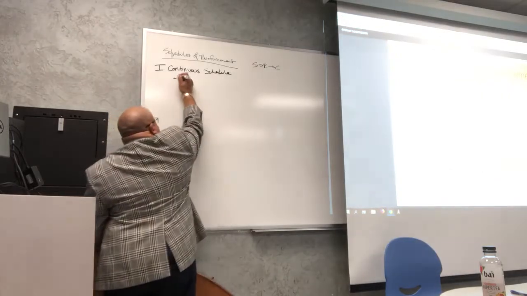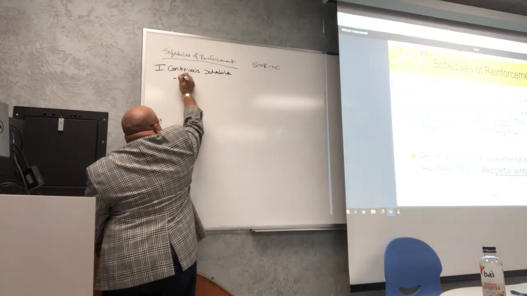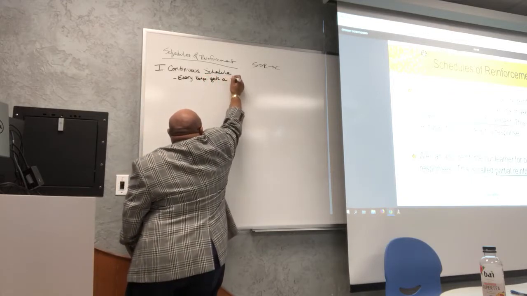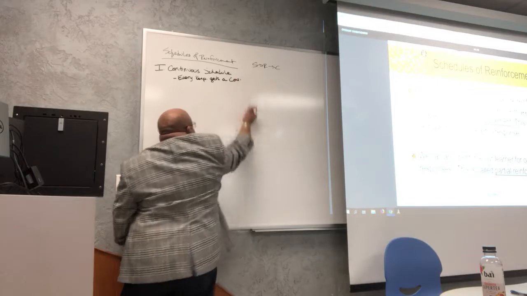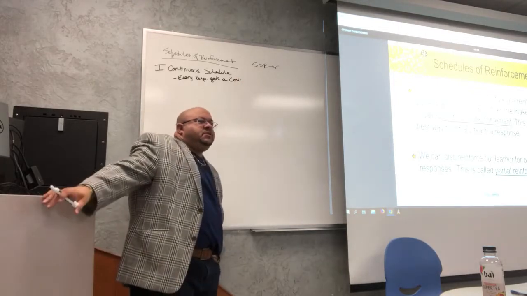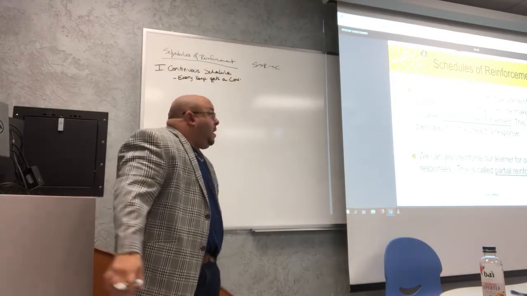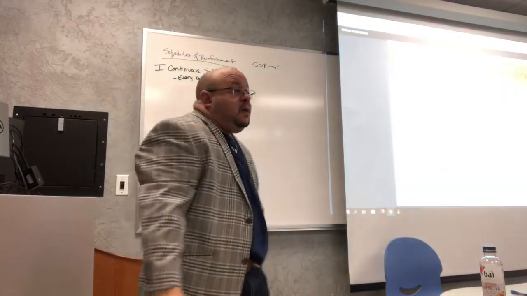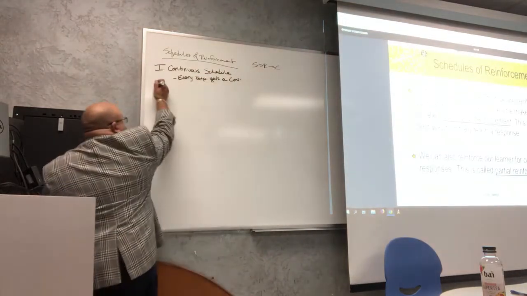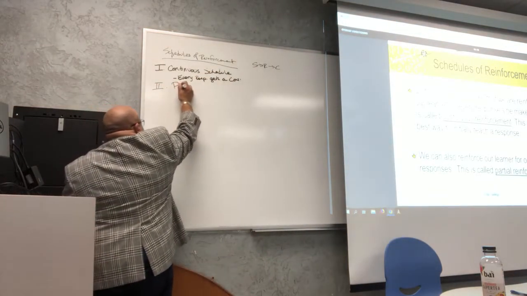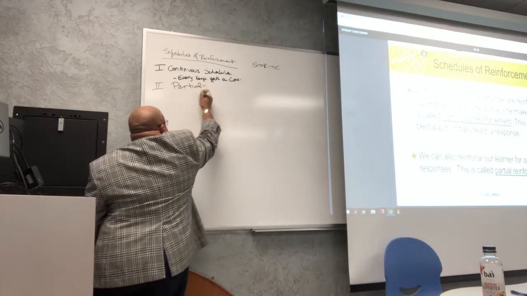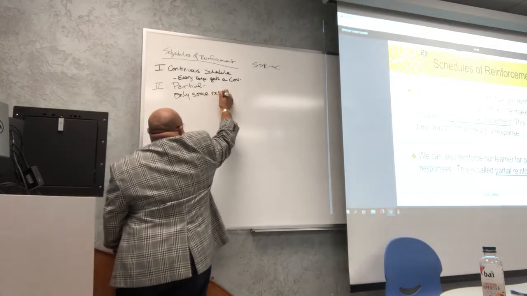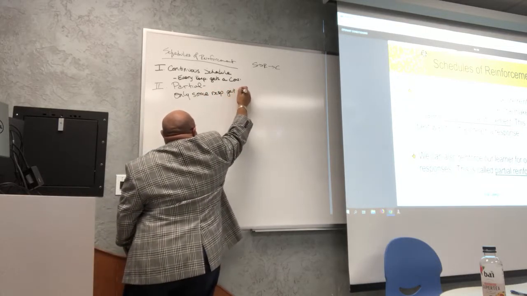In a continuous schedule, every response gets a consequence. In other words, every response gets a reward. But there's another way to do this as well. And that way is called a partial schedule. In a partial schedule of reinforcement, only some responses get a consequence.